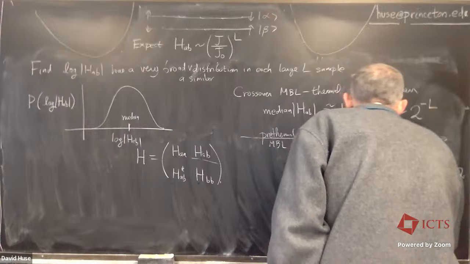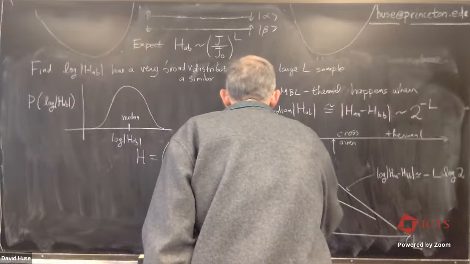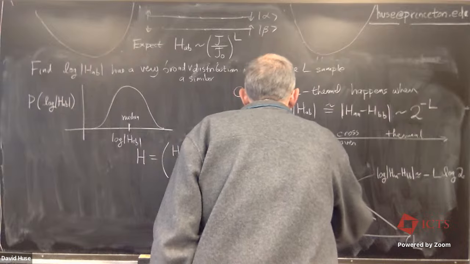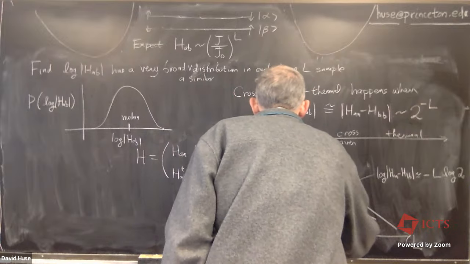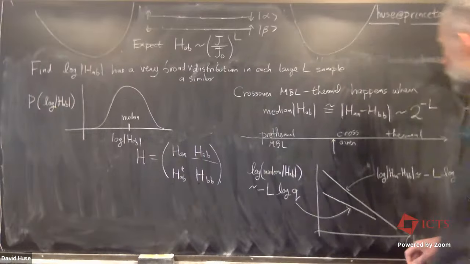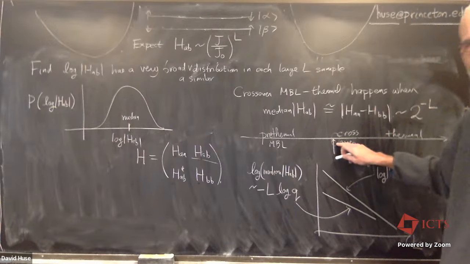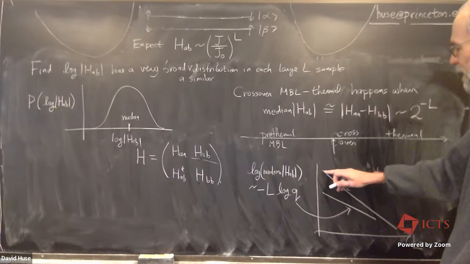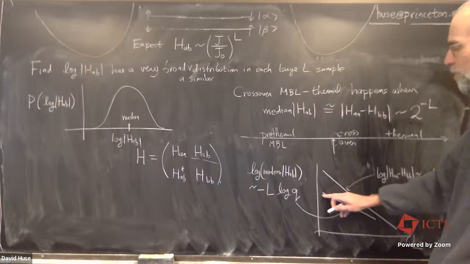And then you look at log median HAB. This is going as minus L log, and I'm going to call the factor there Q. So if we're here, very near the crossover but on this side, what you find is typically HAB is small compared to the energy difference, so we don't have a lot of resonances.